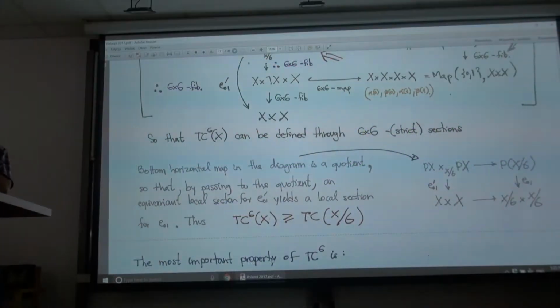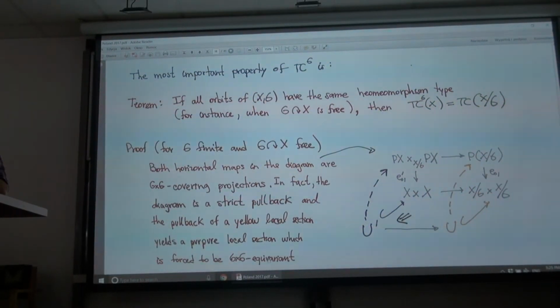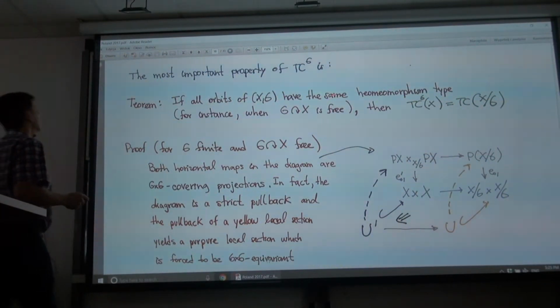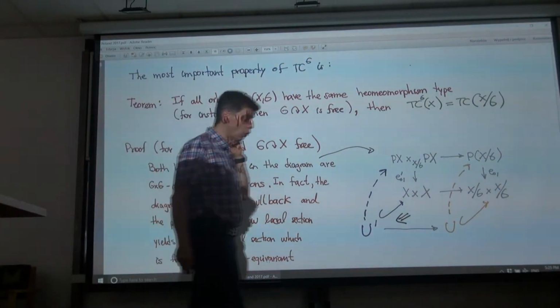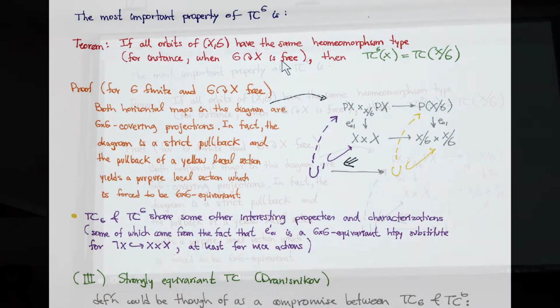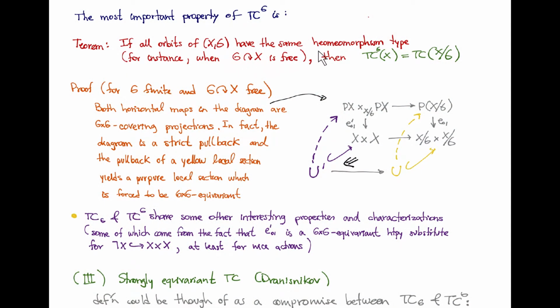And the result is that if all the orbits have the same homeomorphism type, then, for instance, if the action is free, all the orbits are G, then the two numbers agree.